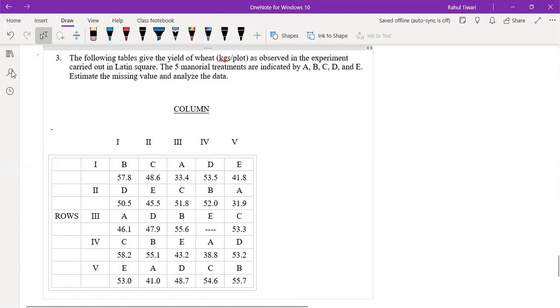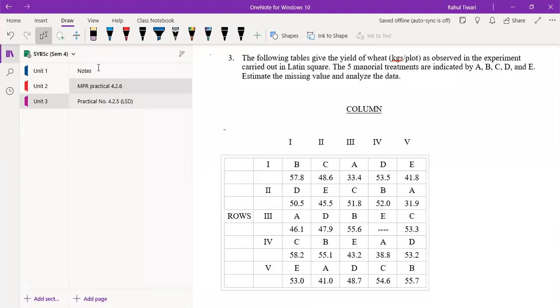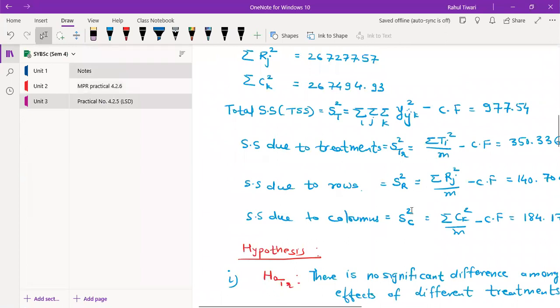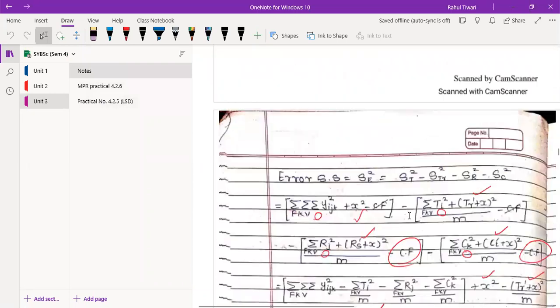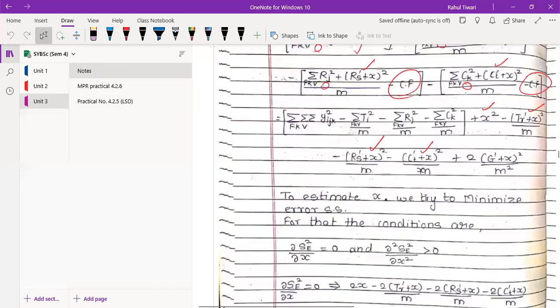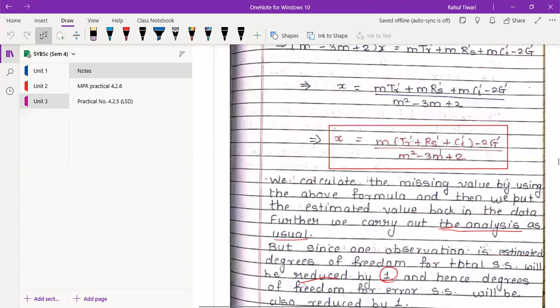Do you remember the formula for treatments? I'll show you. In the case of treatment, what was your missing value? Can you see? So x is equal to m times the total of the row total, column total, and treatment total.